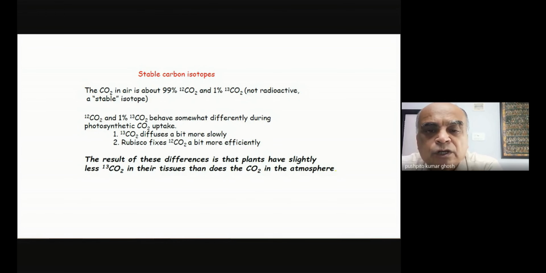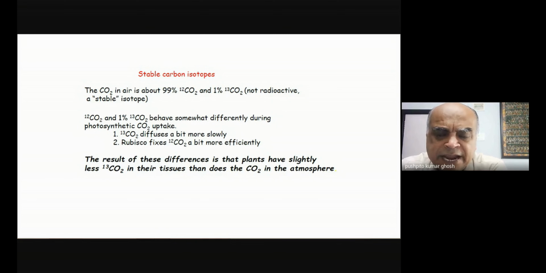Now, usually we know that the heavier the molecule, the more sluggish its motion becomes. So what happens when the carbon 12 and the carbon 13 get into the plant?